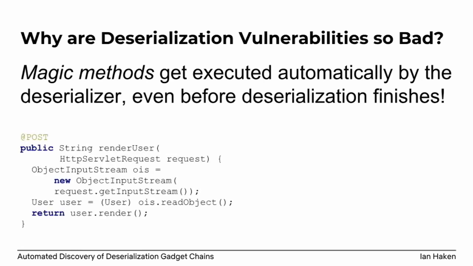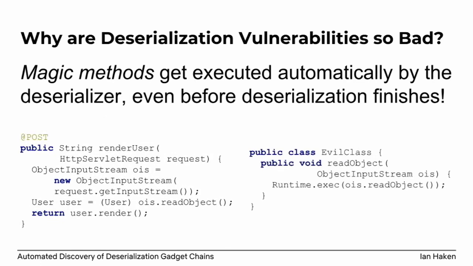So here's another example of that. This is the exact same post endpoint as before, but let's say you have this evil class that's on your class path for some reason. This probably doesn't actually exist anywhere, but for the sake of the example, this class implements this readObject method, and that's one of these magic methods that gets automatically invoked. And that thing's going to read something out of the object input stream and execute it, so shell out to whatever it read in.